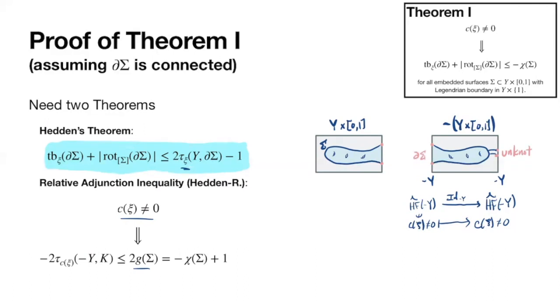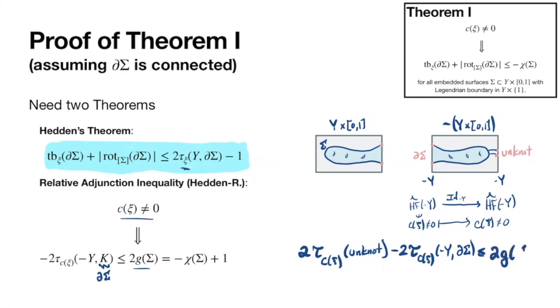I know that the contact invariant maps non-trivially to itself, so the relative adjunction inequality tells me the following: twice tau c of the unknot minus twice tau of the contact invariant of minus y, K, where K is the boundary of sigma, is less than or equal to twice the genus of sigma.